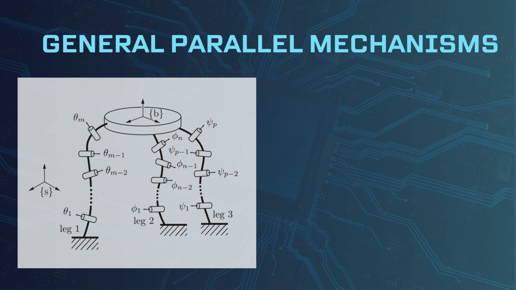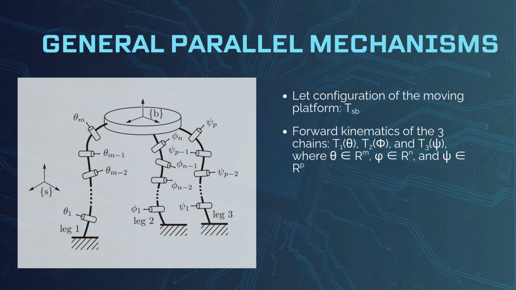Generalizing our concepts, we will now consider mechanisms where the legs are general open chains. In this diagram, the platform is connected by 3 open chains. The configuration of the moving platform can be denoted as T_SP. So the forward kinematics of the 3 chains are denoted as T1(theta), T2(phi), and T3(psi).